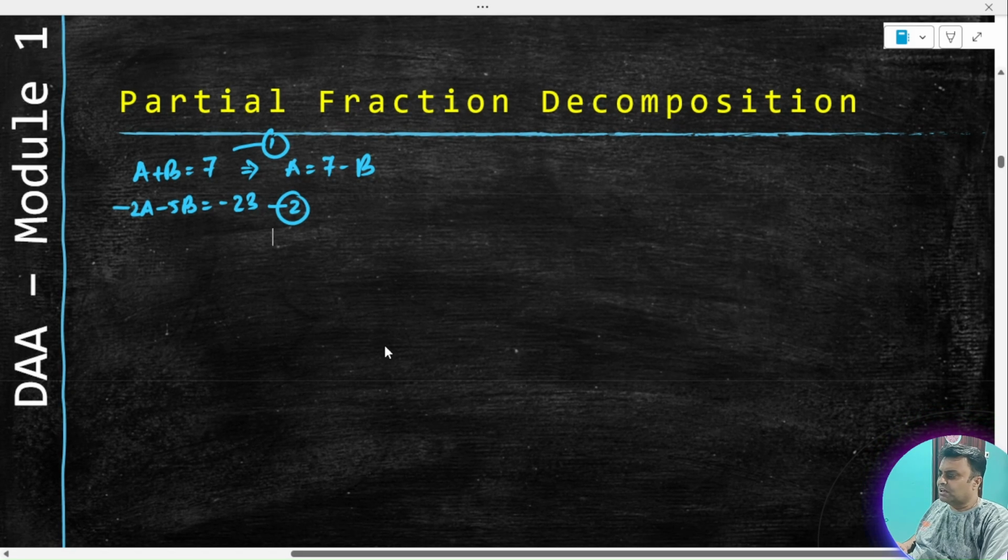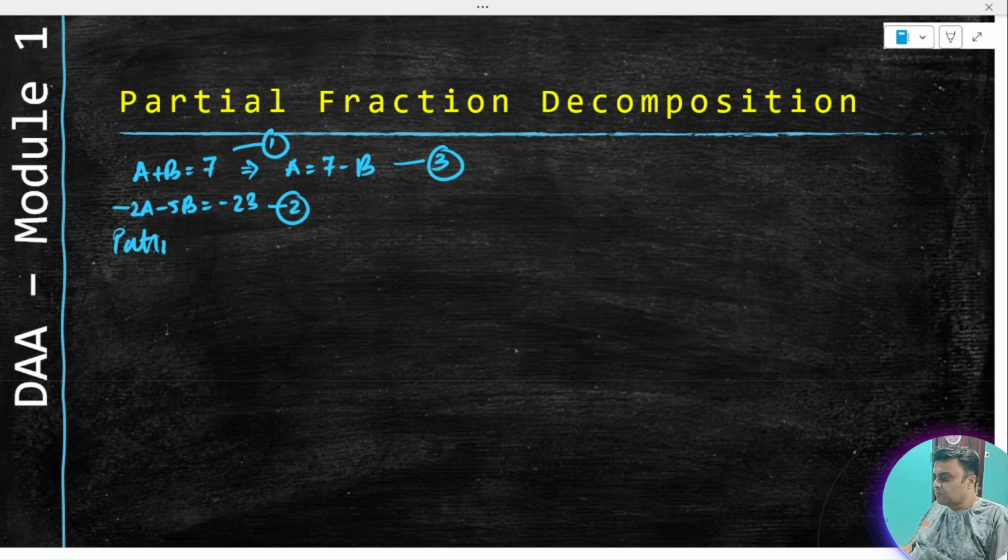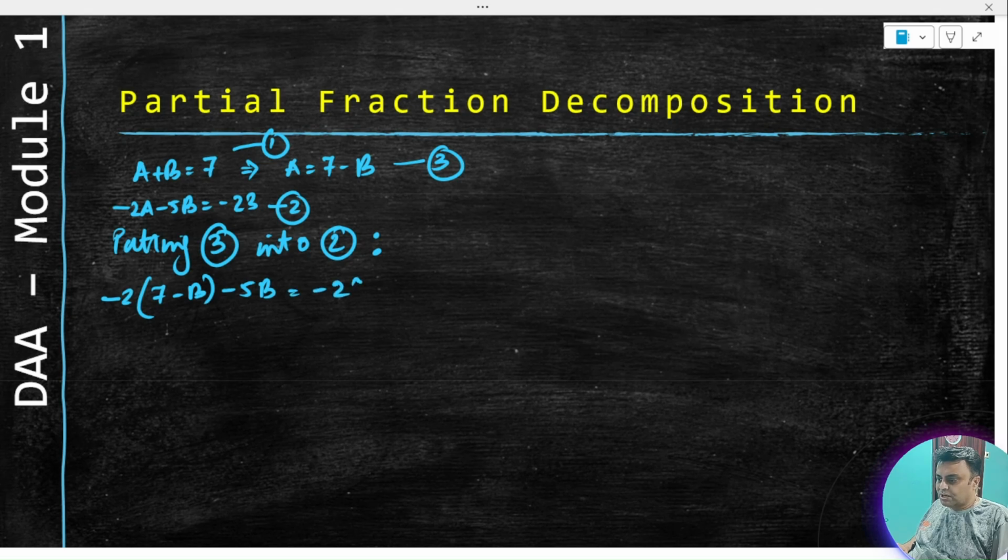So A is equal to 7 minus B. You can use any substitution method, you can use elimination method. I'm just doing a substitution method in terms of finding out A, which is 7 minus B, and then I will substitute. So I'm saying putting 1 into 2, right? So what do I get? Putting 1 into 2, I get minus 2, and then A is 7 minus B, so minus 2(7 minus B) minus 5B equal to minus 23.